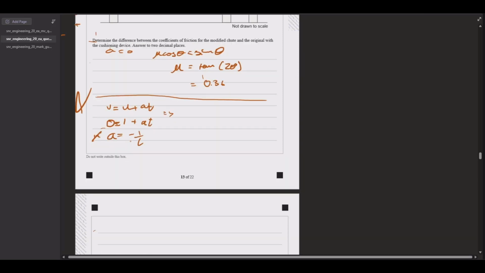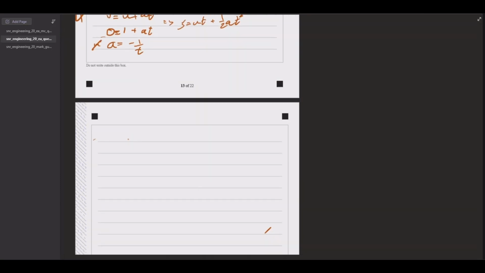Let's swap these around. s equals ut plus half at squared. So we can rearrange that for a, and that's a pain. Let's not rearrange that for a. Instead, we're going to take it down here, and let's sub in our formula for a.